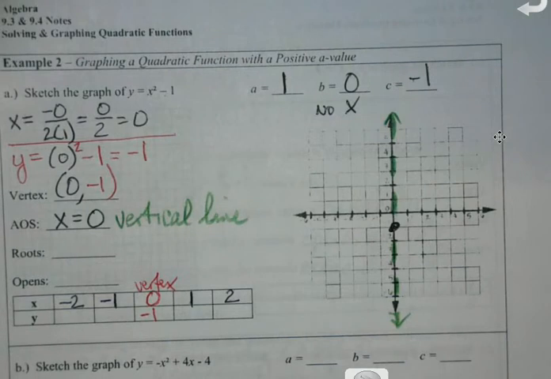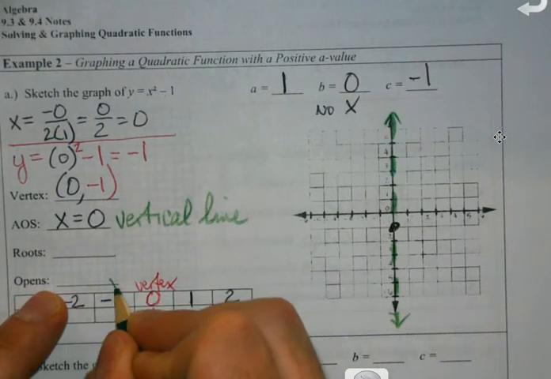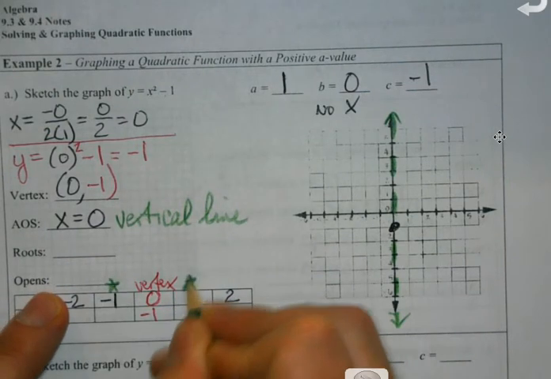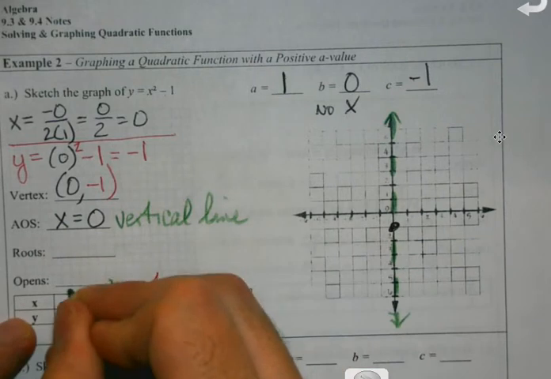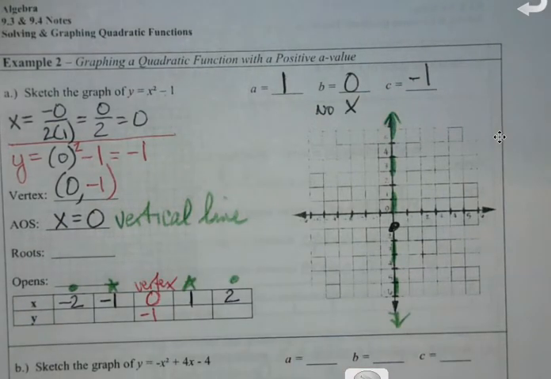So my table can change depending on what my vertex is. But here's the cool thing. I don't have to plug every single one of these into here to find the values, because this is symmetrical. And what that means is these two are going to end up being the same, and these two are going to end up being the same, which means if I do one of them, I'm doing the other.